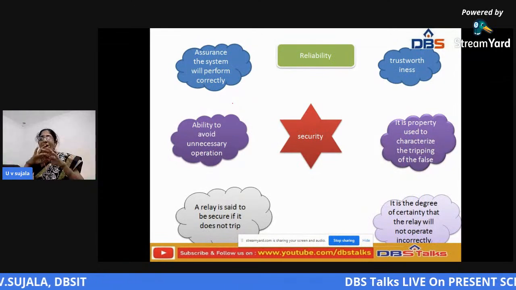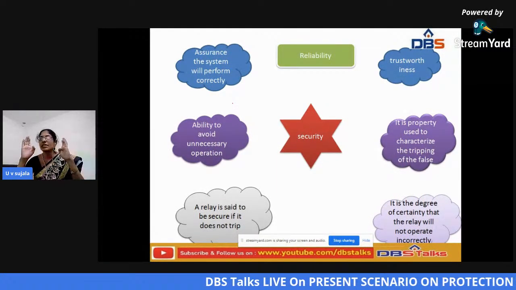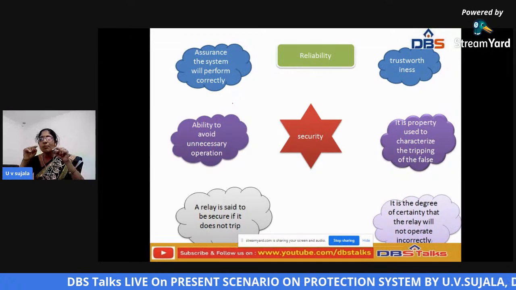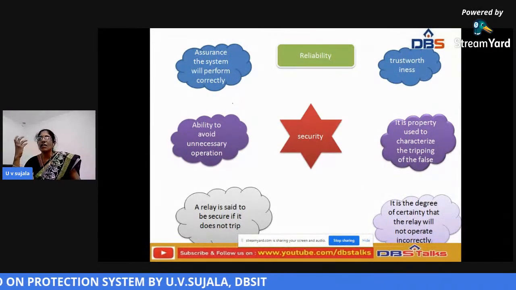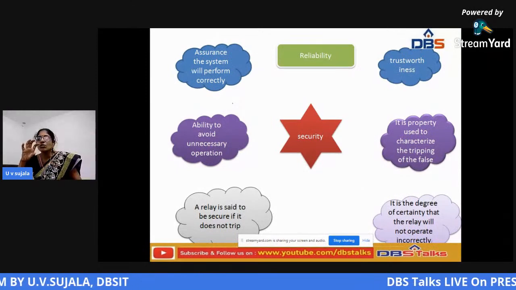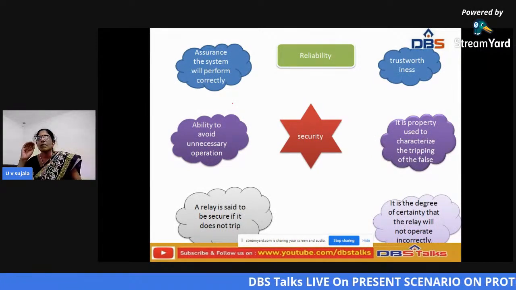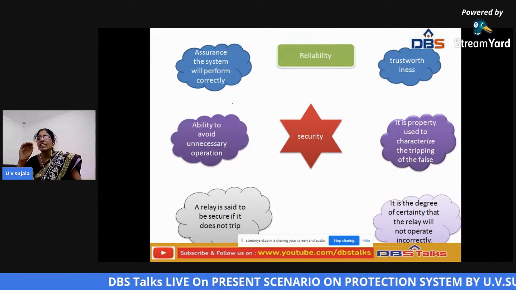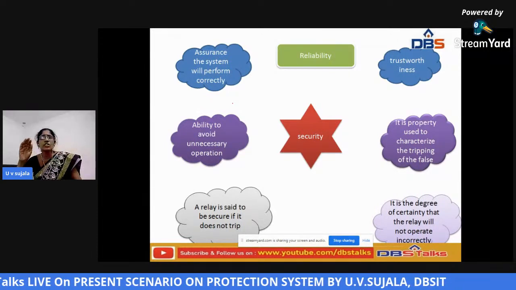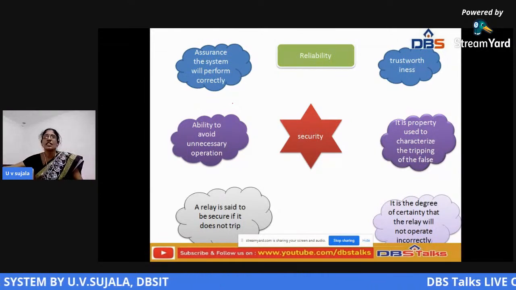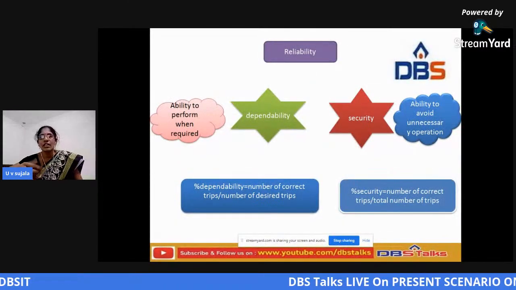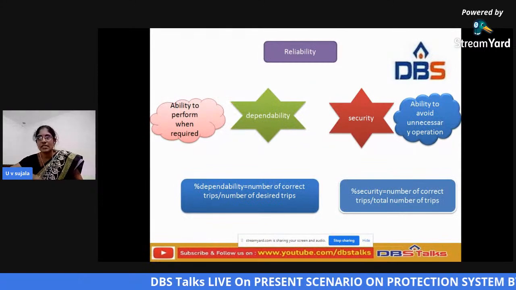A balance between security and dependability is required to design the protection system. Whenever a system must be in a reliable condition, we have to balance the total system. That is about security.